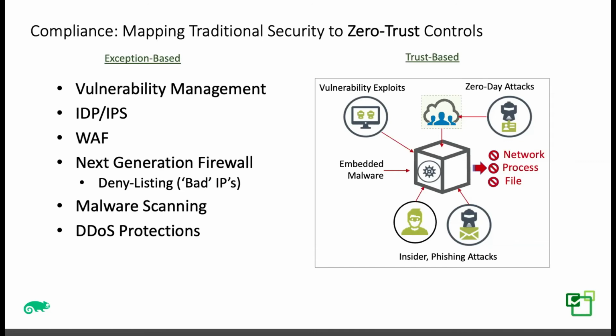So it's important to understand how we can map some of those traditional security controls into these zero trust models. And we have been working with many companies and their PCI auditing consultants to get approval for mapping these types of functions to this new zero trust model and satisfy those types of requirements.